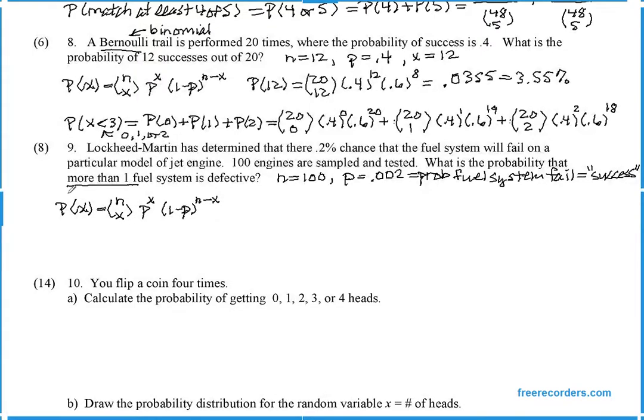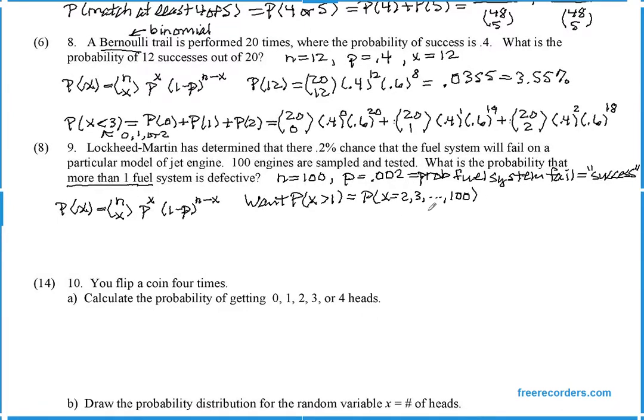We want more than 1 is what we're looking at. Probability of more than 1 is defective. So what we want is the probability that the number of failures, x, is strictly greater than 1. Well, we tested 100 engines, so the number of ways you can be greater than 1 would be 2 or 3 or 4, all the way on up to 100.